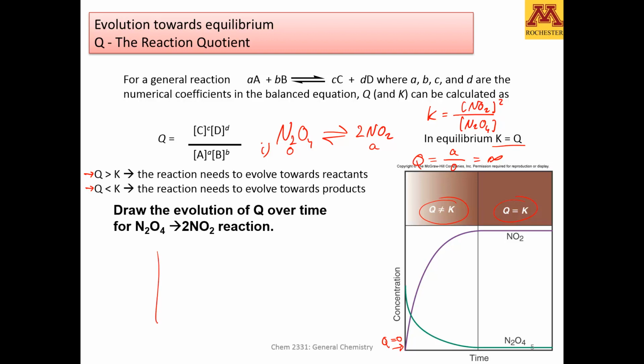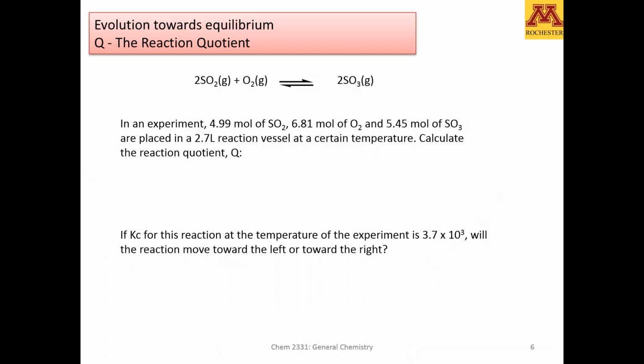So if you were to plot Q over time, because you start only from reactants, Q starts being 0 until it reaches the value of K. Let's give you a numerical example so that you can see how useful this can be.